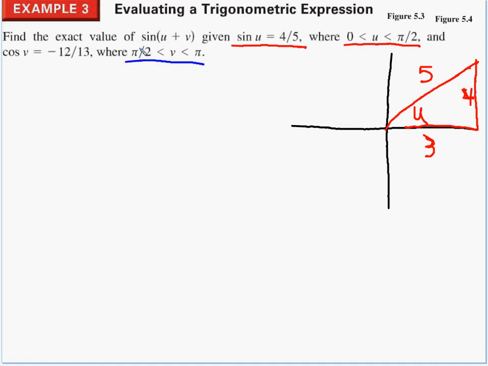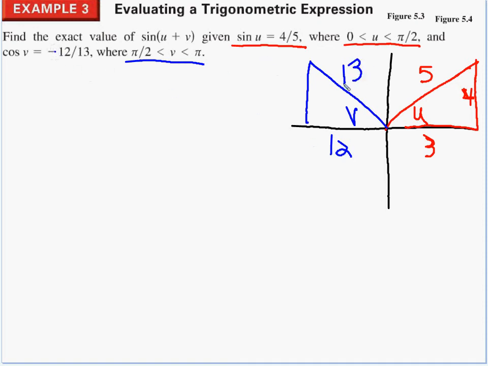Angle V is between a half pi and 1 pi, so that's in quadrant 2. I'm going to draw my angle V going out into the second quadrant, always back to the x-axis. Cosine is adjacent over hypotenuse, so that will be 12 for adjacent. Hypotenuse is 13. And then which of those is the negative one?